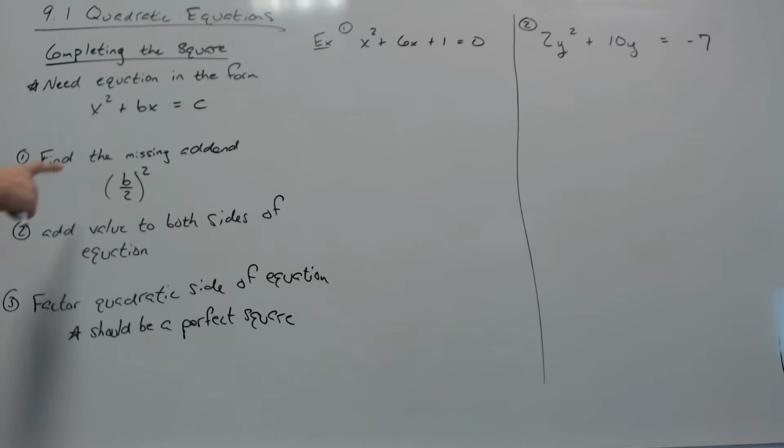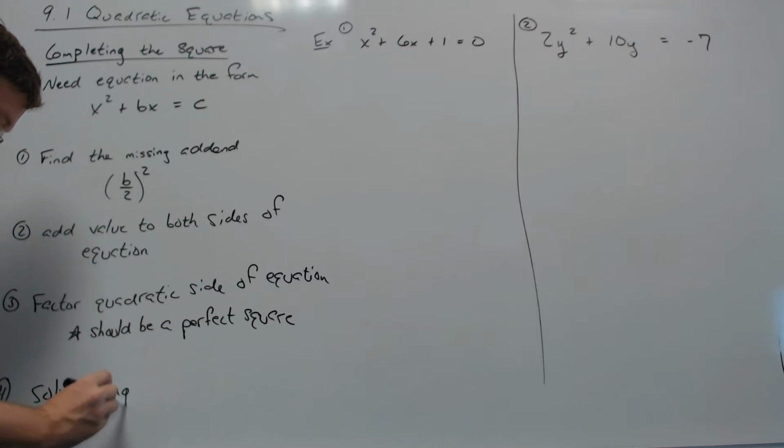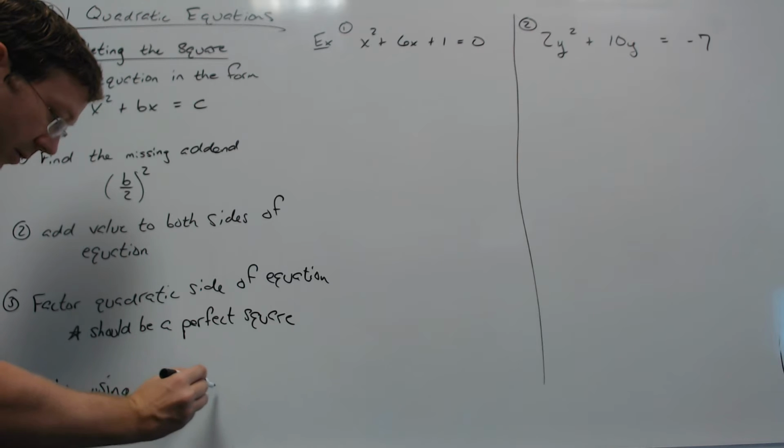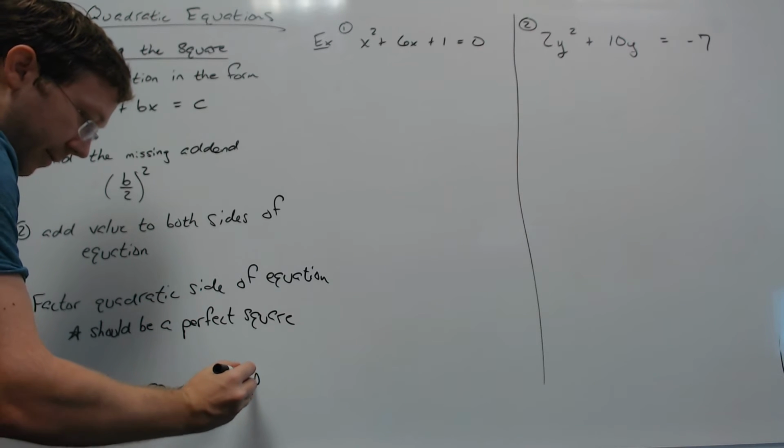So every single time that you add this missing piece, you're going to have a quadratic that is factorable, and not only is it factorable, it's going to factor into two identical binomial pieces. So that's always going to happen. And then once we are able to factor it, we're going to be able to solve using the square root property.